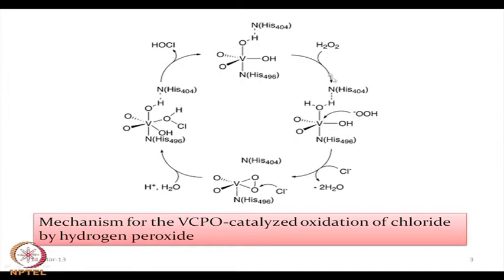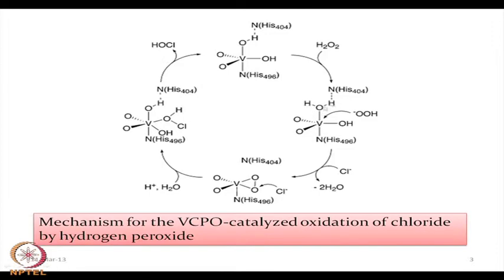So, this proton from hydrogen peroxide goes onto this oxygen, and we are left with the hydroperoxide anion. This hydroperoxide anion then goes and attacks this particular vanadium site, which is already protonated.